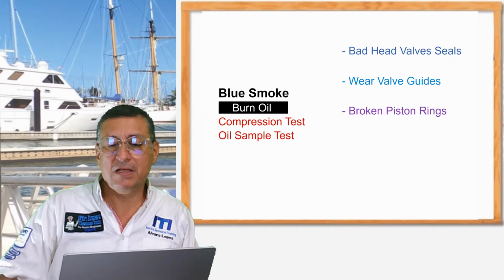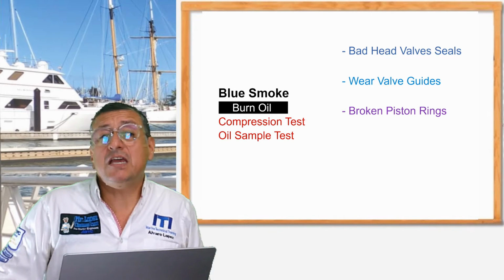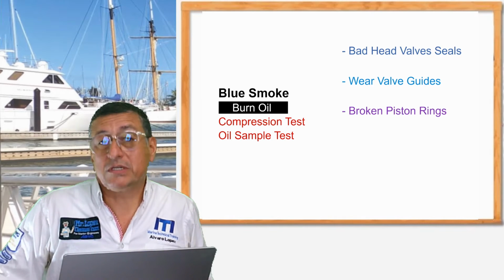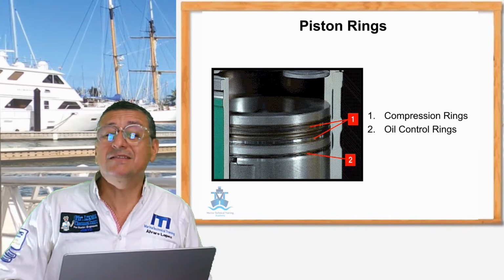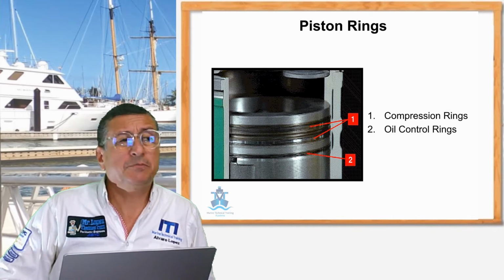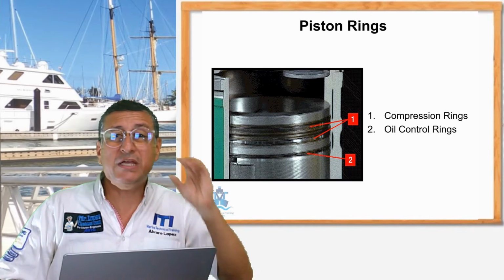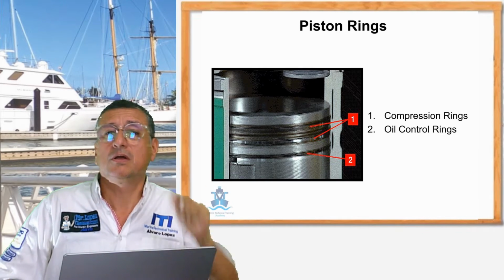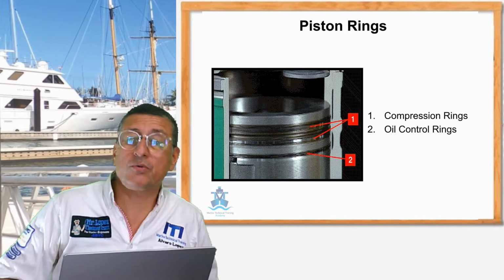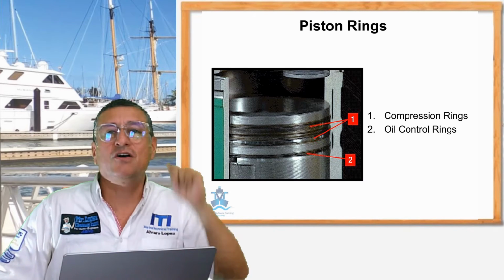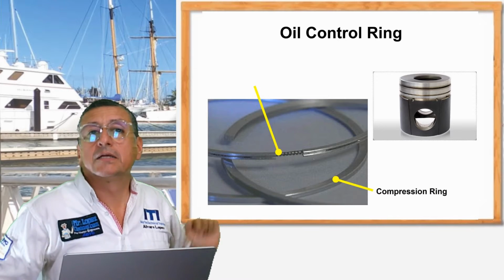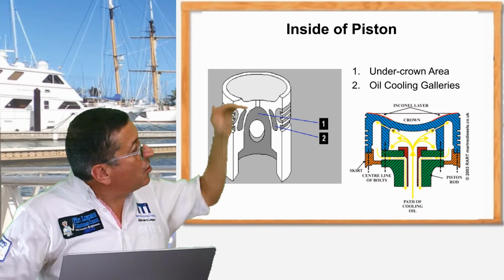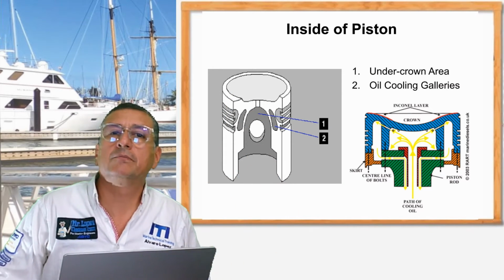Another possibility is broken piston rings. Okay, I think that is the least possible, especially in diesel engines with 3 compression rings on top and 1 oil controller ring at the bottom. This is the function of the bottom one. That oil ring returns the oil into the oil pan.